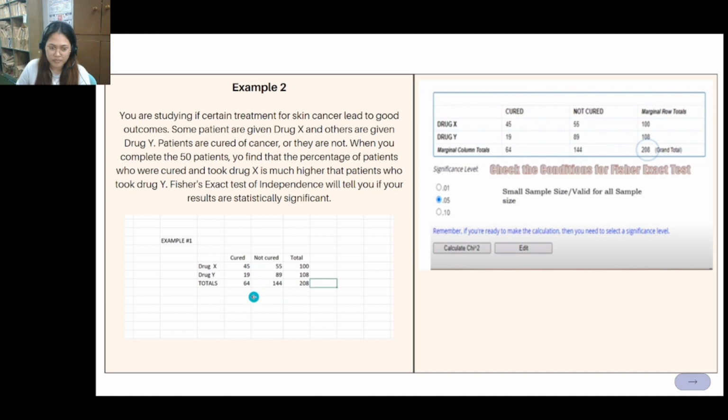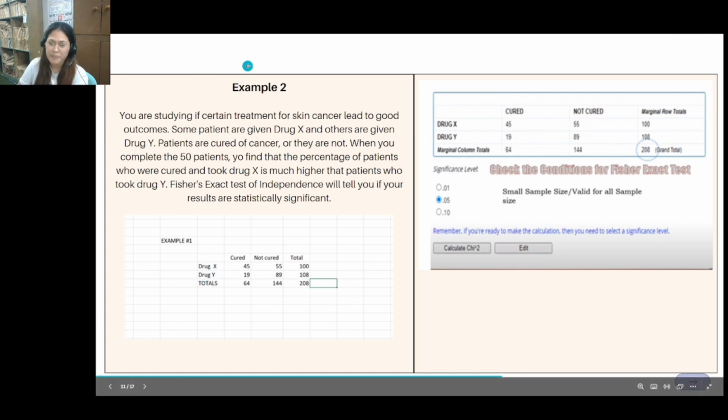So we need to sum it up. 45 plus 19 is equal to 64. 45 plus 55 is equal to 100. 19 plus 89 is equal to 108. Look at this. It is much higher than patients who took drug Y. So, drug Y data is much higher than the drug X.